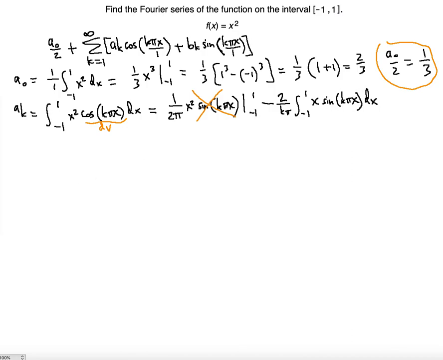Now using integration by parts again, you're going to make sure that this thing is dv, extended to dx. That was dv, right? So what you should have, if you do this correctly, is positive 2 over k pi squared.